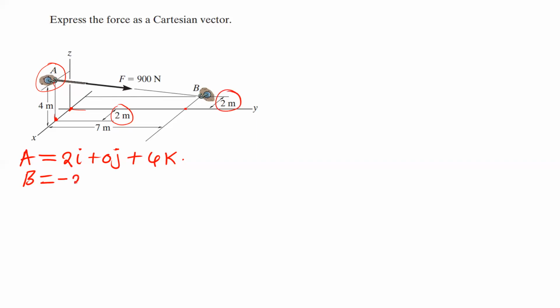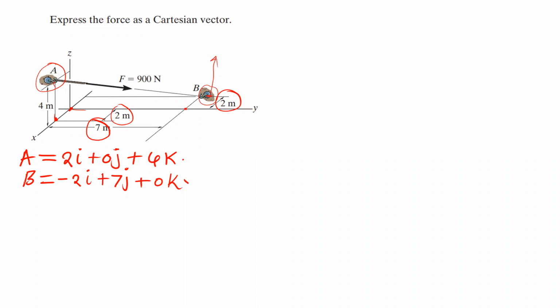So we have negative 2 in the X. In the Z, we're not moving any distance, but in the Y, we are moving 7 units, 7 meters in the Y. So we have positive 7j, and then in the Z, we're not moving any because we don't have any distance going up. It's just at 0. So we have plus 0k.